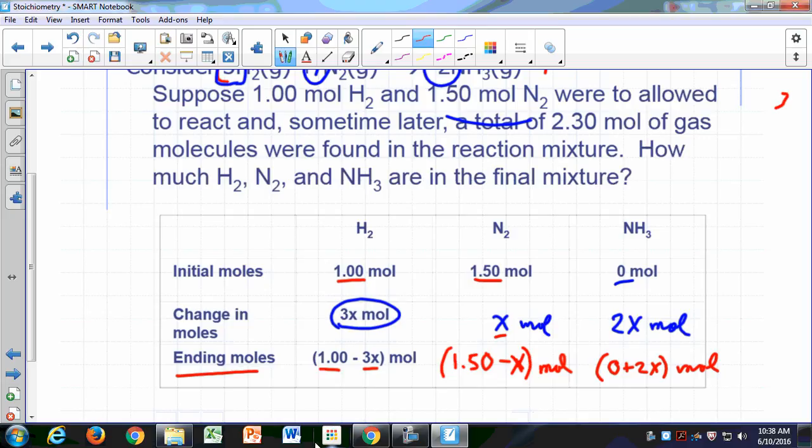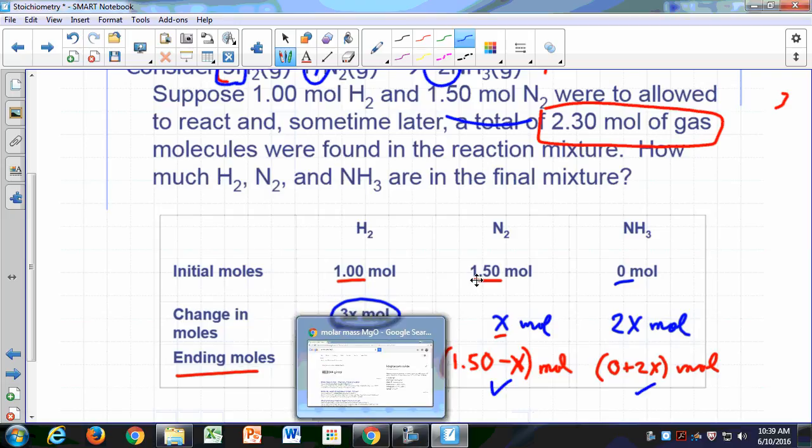Finding out how much N2, H2, and NH3 you have at the end is just a matter of finding out what x is. Let's read the problem and see if we can set up an algebraic equation to solve for x. It says you have a total of 2.30 moles of gas. Well, you have this many plus this many plus this many, and all of that should add up to 2.30.